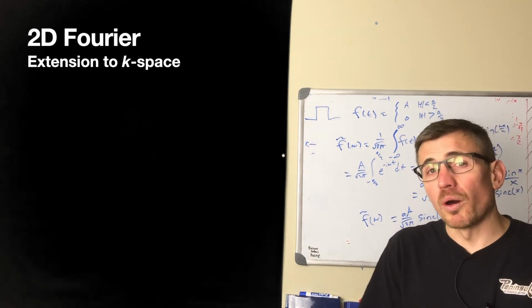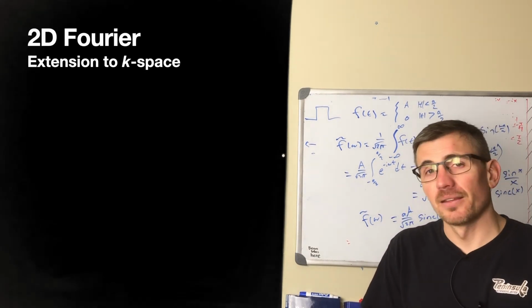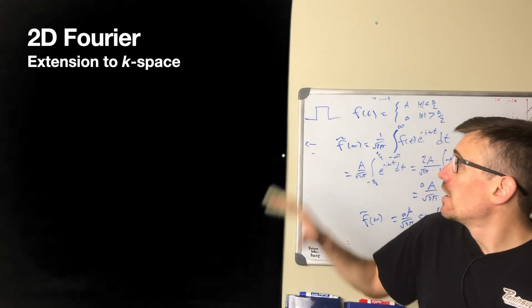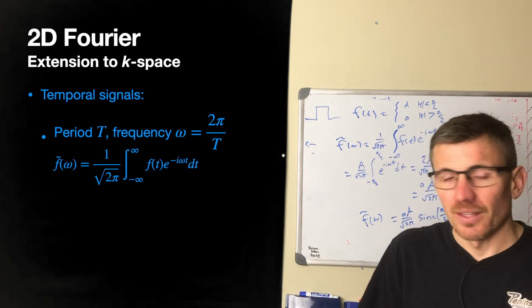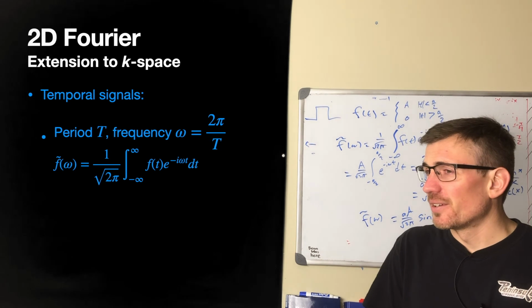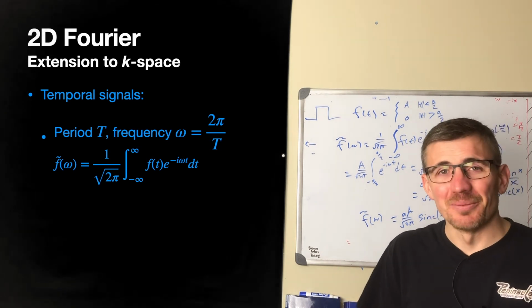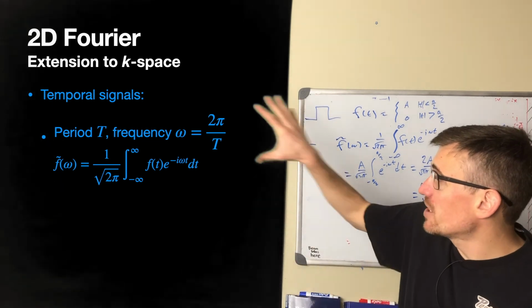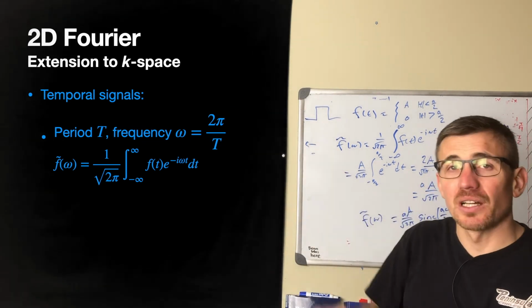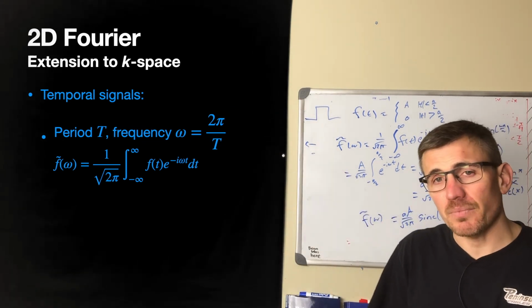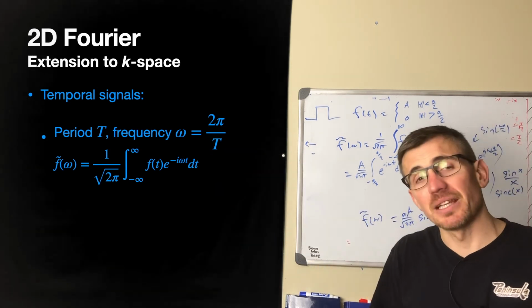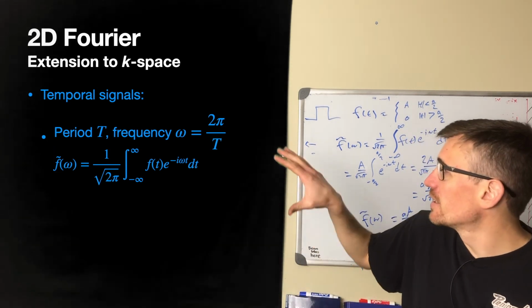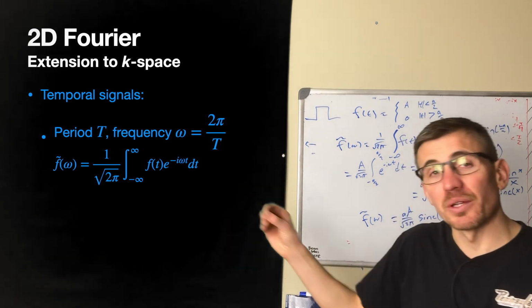So I just want to talk about one more thing in this lecture, extension to multiple dimensions. Now we live in 3-dimensional space and 1-dimensional time, so we have 4 dimensions of space-time. We had period T, and the frequency is 2 pi over T, and we have this Fourier transform relating frequency and time.